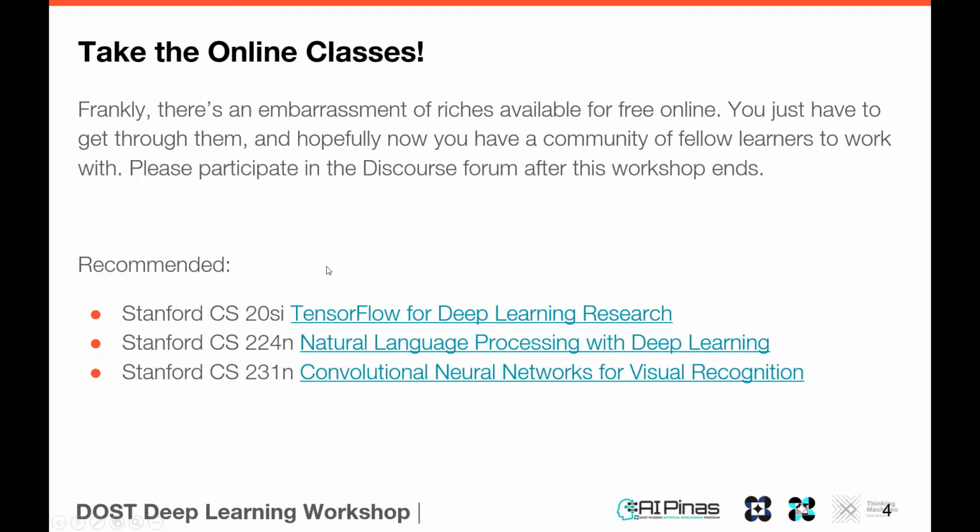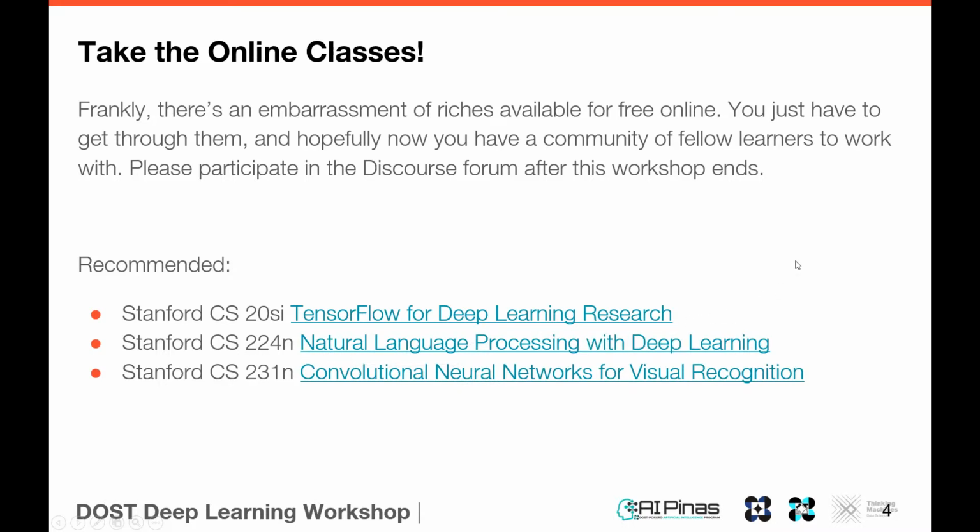If you are interested in doing further research with TensorFlow, if you want to write your own papers, build your own activation functions, this course, 20SI, TensorFlow for Deep Learning Research, is great. If you are working with language processing and you want to learn next about RNNs, LSTMs, sequence-based deep learning, this is the class to take next: 224N, Natural Language Processing with Deep Learning.